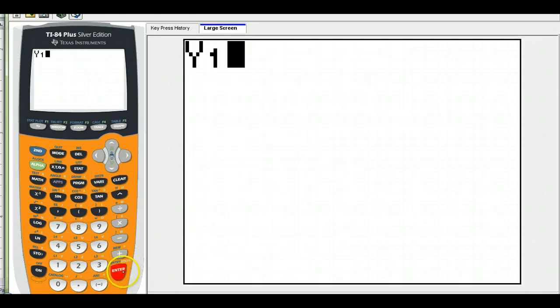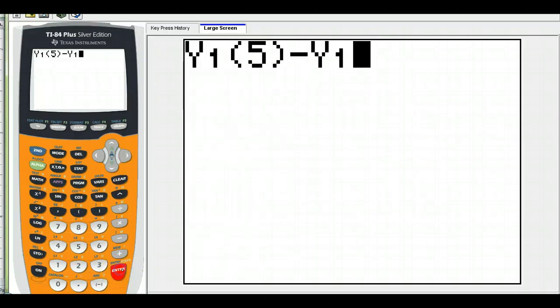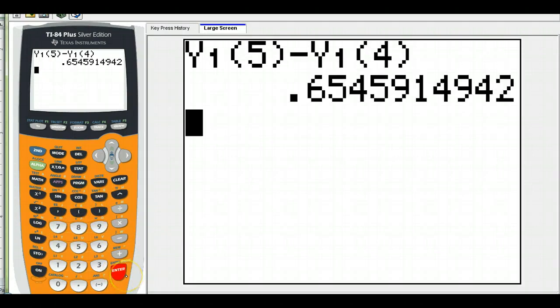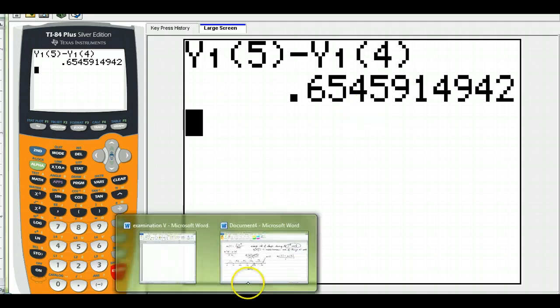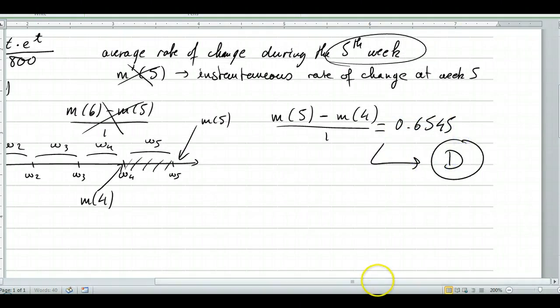Y1 at 5 minus y1 at 4. 0.6545, which is D. All right.